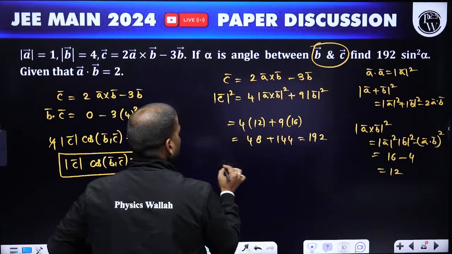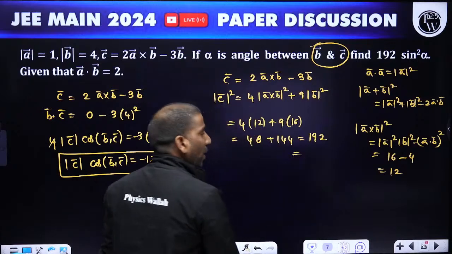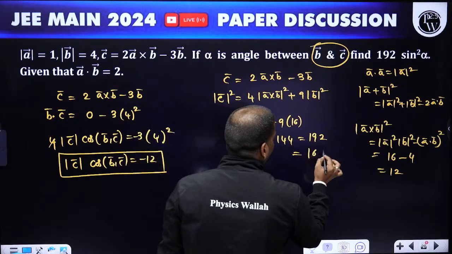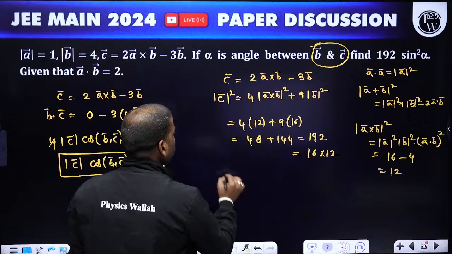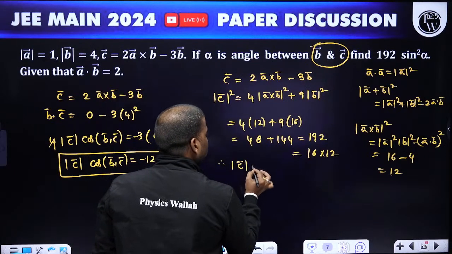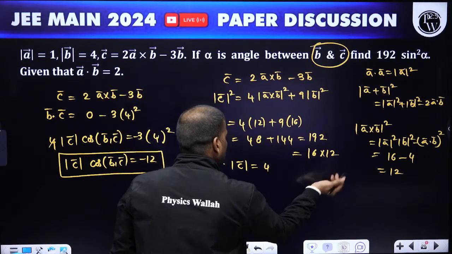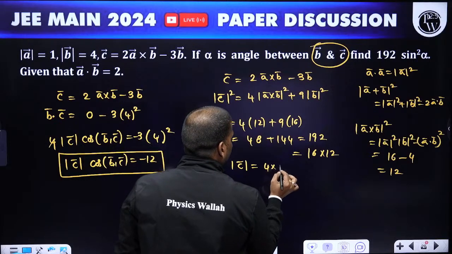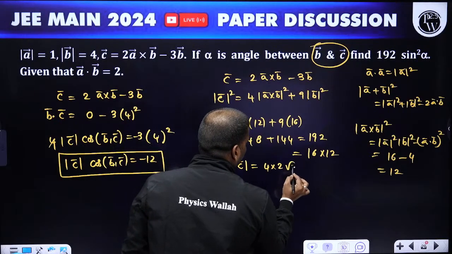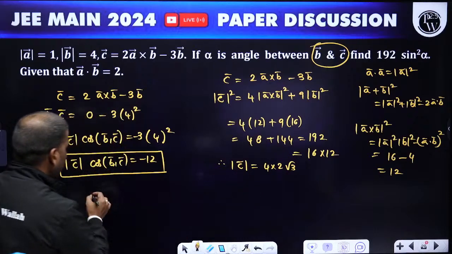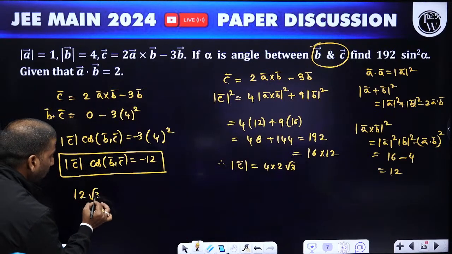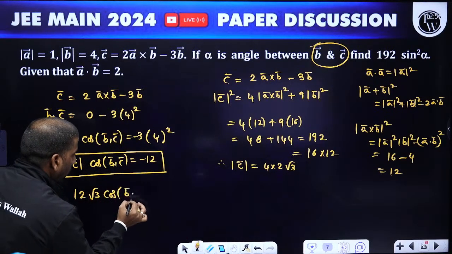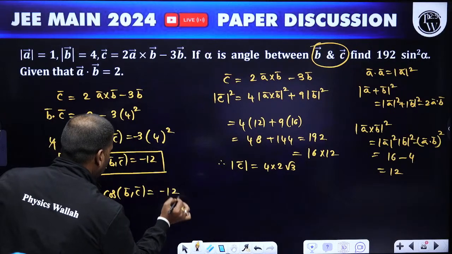So mod C square is equal to 192. So 192 is nothing but 16 times 12. So therefore, mod C is equal to 4 times root 12, 12 means 2 root 3. So let's substitute this. 12 times root 3 cos BC, which is equal to minus 12.